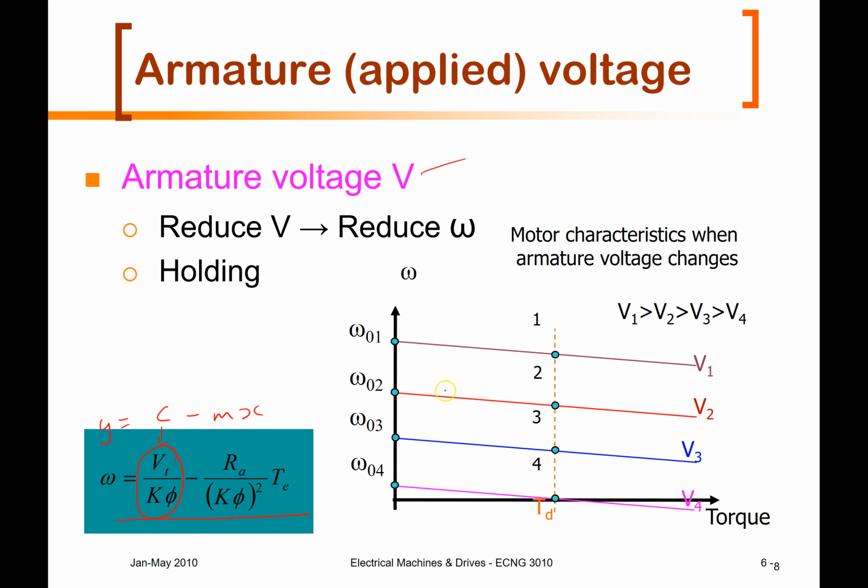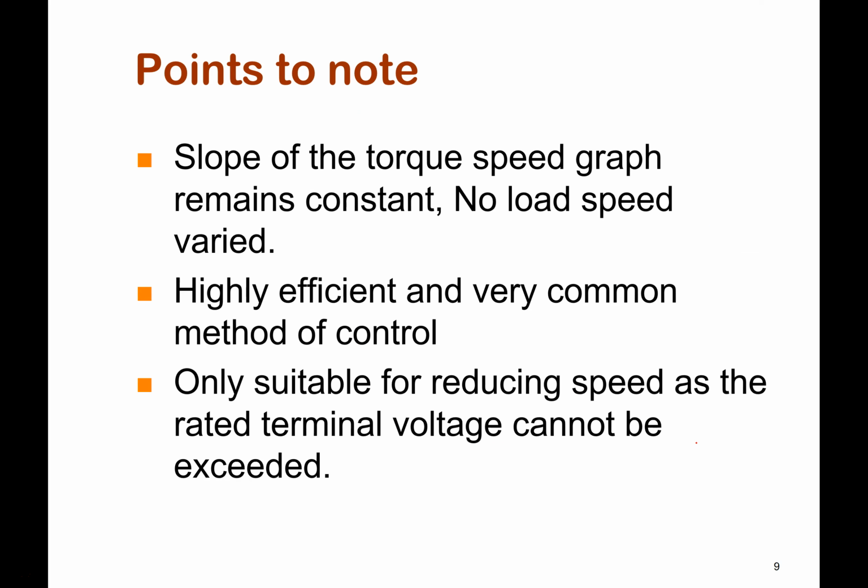So if we reduce the value of V, then we should see the intercept changing to these points, but the slope remains the same, so all the characteristics are parallel to one another. Now, this is a highly efficient method because, of course, you're not increasing the losses in the system, so it's a very common method of control.